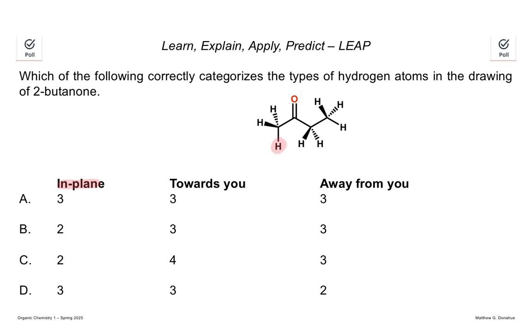So there's 1, 2. We'll do the blues towards you. So 1, 2, 3. And then the greens away from you. 1, 2, 3. And from that, I believe we end up with B.